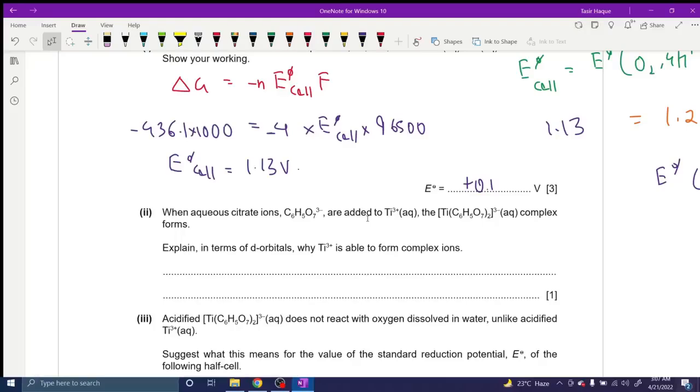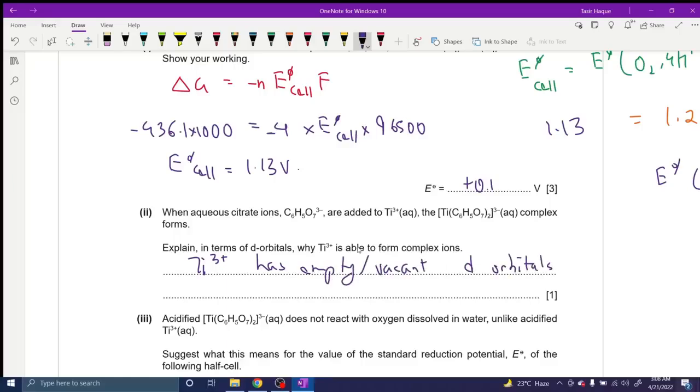So remember, when can you form a complex? To form dative covalent bonds with a ligand, you need to have empty d orbitals. Okay, if they're full, you cannot form ligands. Like zinc cannot form dative covalent bonds with ligands because all d orbitals are occupied. So you need empty d orbitals. So Ti3 plus has empty or vacant d orbitals.